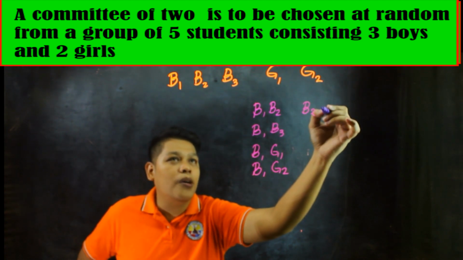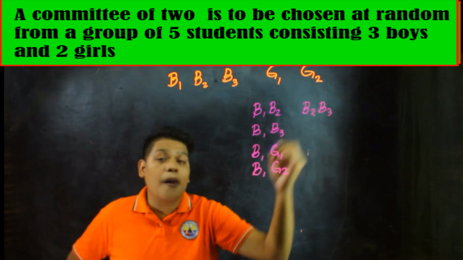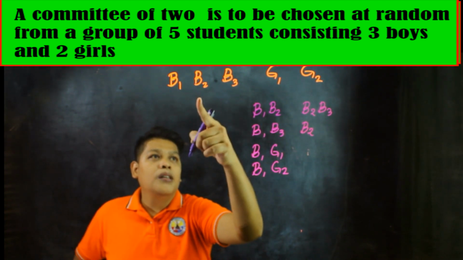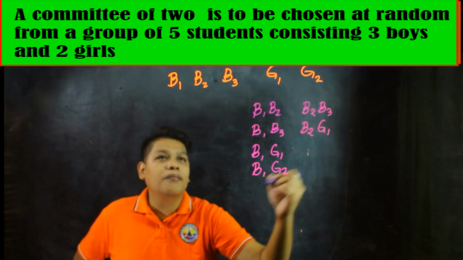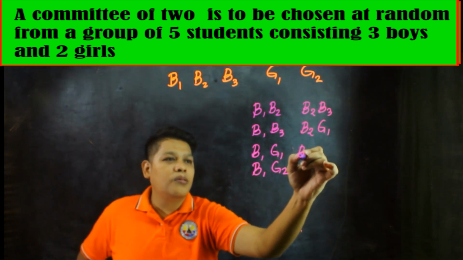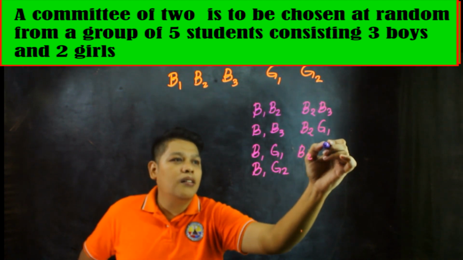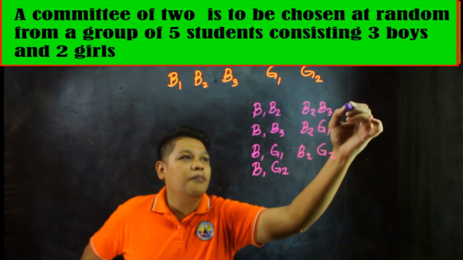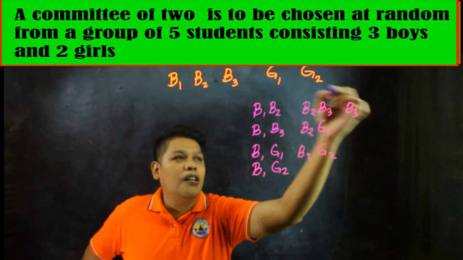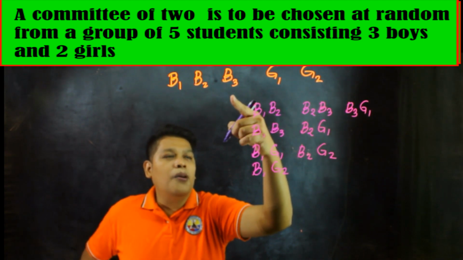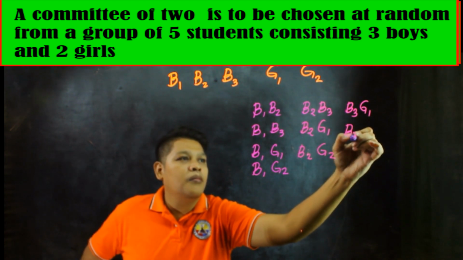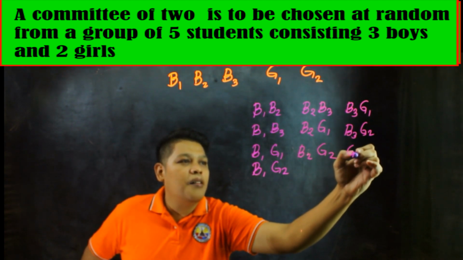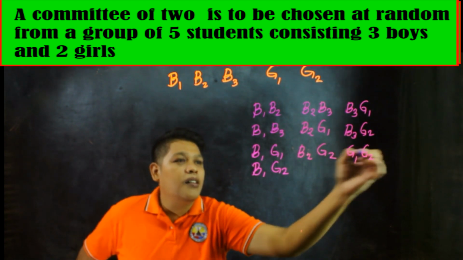So boy number 2 and boy number 3. Then boy number 2 and girl number 1, boy number 2 and girl number 2, and then boy number 3 and girl number 1, boy number 3 and girl number 2, and then girl number 1 and girl number 2.